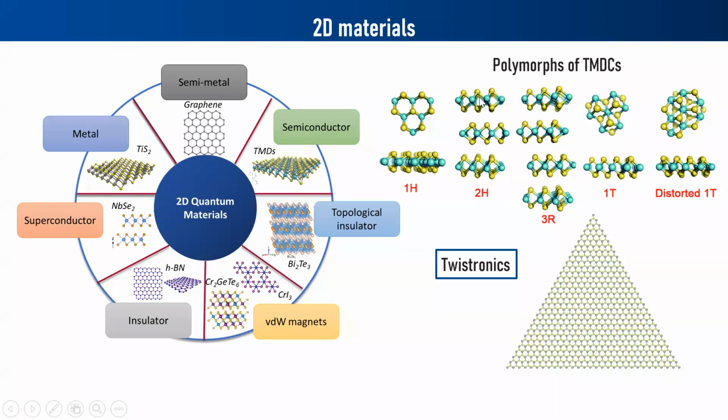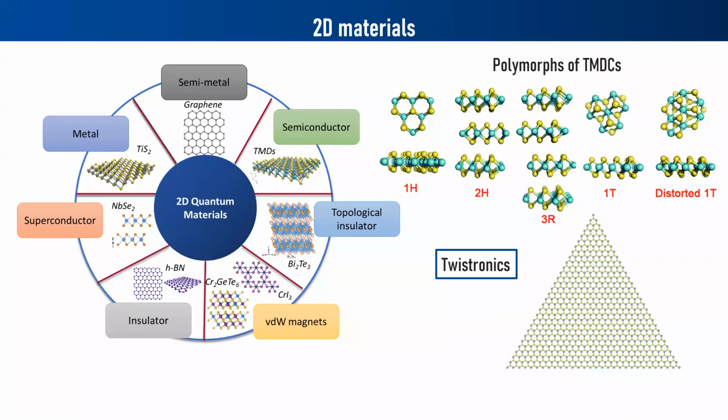These are basically the trigonal prismatic structures, but differences in the stacking. And you can also have 1T phase, which is having octahedral coordination, and the distorted 1T phase. So there are different polymorphs of TMDs, and as I will explain later, each of them has interesting properties in their electronic band structure.